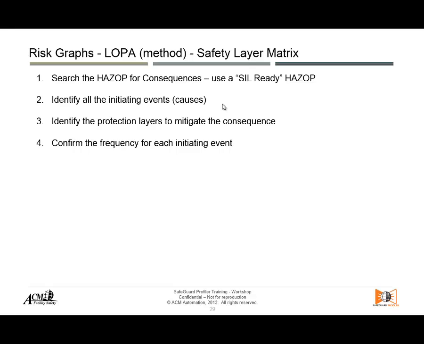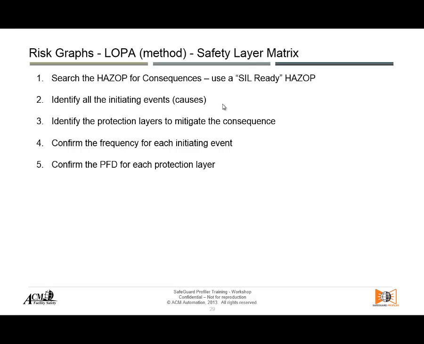If there's a facility that hasn't been built yet, it will be generic data coming from facilities that are built and that already have data useful for statistical purposes, to tell us how often things break, or what is the frequency of those initiating events that, if they happen, will end up in an unwanted event. So we confirm those frequencies with the team.